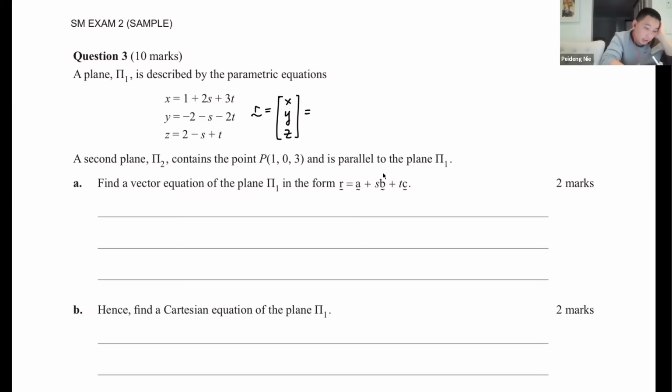So basically, it equals (1, -2, 2), plus a letter s, one parameter is s, times (2, -1, -1), another column matrix to represent one direction, and then plus another t lots of (3, -2, t).